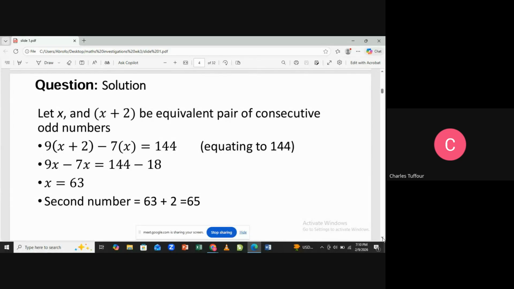But let me put it in a mathematical term. Tell the child that odd numbers differ by 2. That is the technical term. Odd numbers differ by 2. And the same thing goes for even numbers. Good. Now let's go to the question.